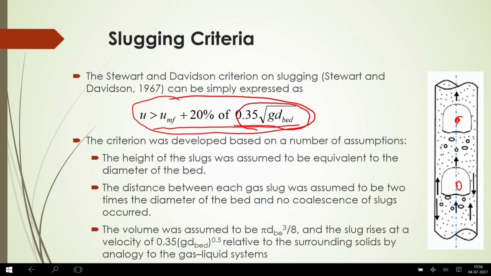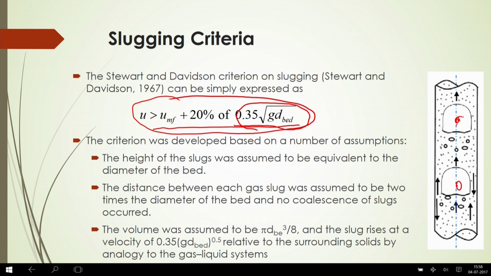And also the volume was assumed to be 75% of the equivalent bubble volume, and the slug rises at a velocity of 0.35 (g dV)^0.5 relative to the surrounding solids, by analogy to the gas liquid system.